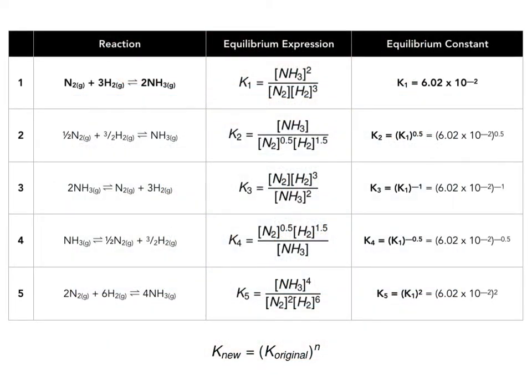Drawing upon the law of mass action, which we have already discussed at the beginning of this video, we can represent the equilibrium expression for any given reaction. If the factor of a given reaction is altered in any way, the new equilibrium constant must be equal to the old equilibrium constant raised to the power of that factor. This can easily be seen by comparing the expressions provided below to each other.